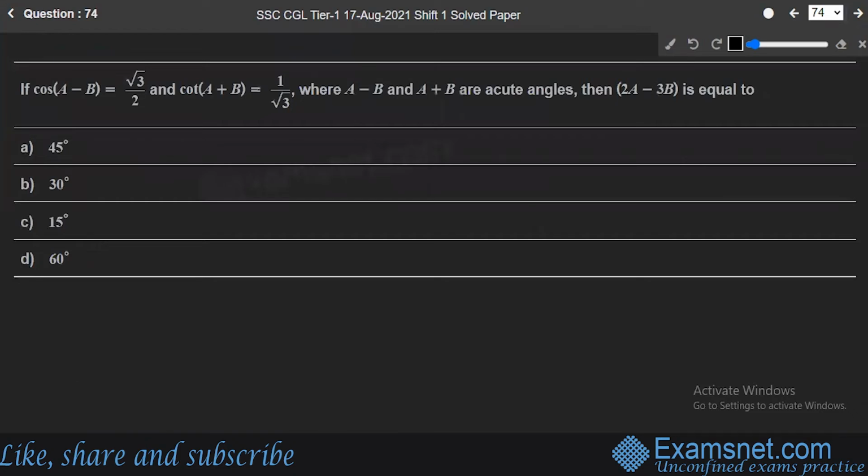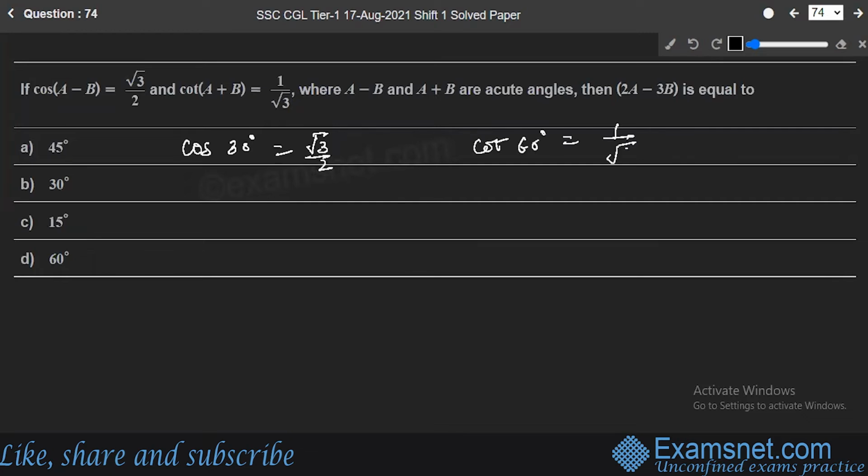If cos(A minus B) is root 3 by 2 and cot(A plus B) is 1 upon root 3, where A minus B and A plus B are acute angles, then you have to find out this value. Easy question, right? See, in the table of cos, root 3 by 2 is cos 30 degree. Also, 1 by root 3 is cot 60 degree.